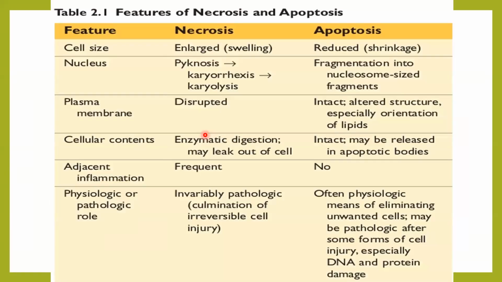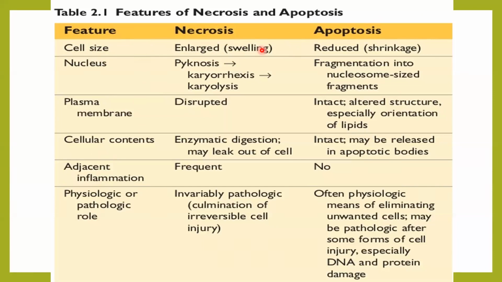Okay, so this is a summary of the differences, just derived from Robbins. You will be able to see that when you read for yourself. The differences in the various things that we see between the two. So when it comes to cell size, there's enlargement of the cell in necrosis because we get fluid.